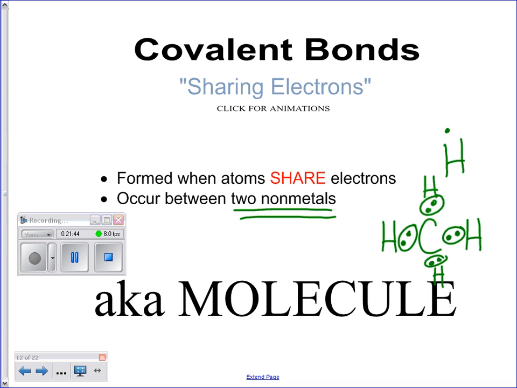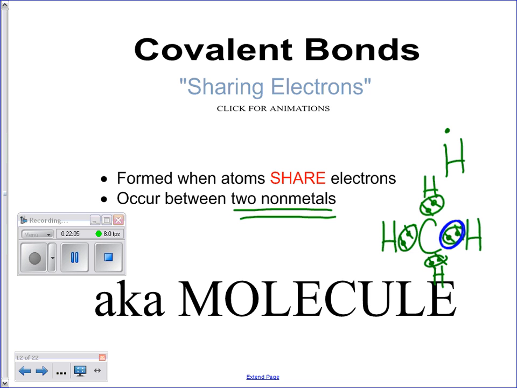And so because of this, I now have 1, 2, 3, 4, 5, 6, 7, 8 electrons that are surrounding carbon, so carbon feels like it's fulfilled its octet. And hydrogen, which only wants 2 valence electrons, has its 2 valence electrons around it.